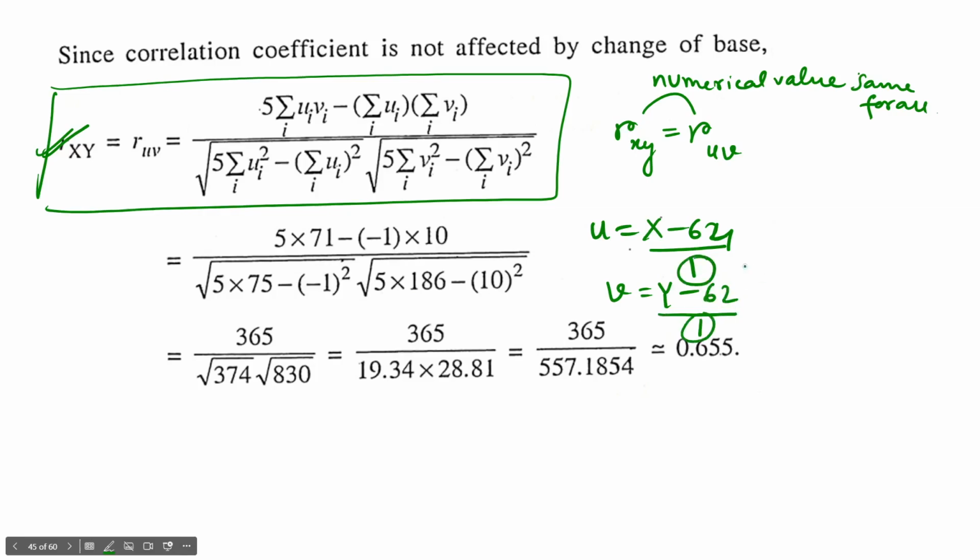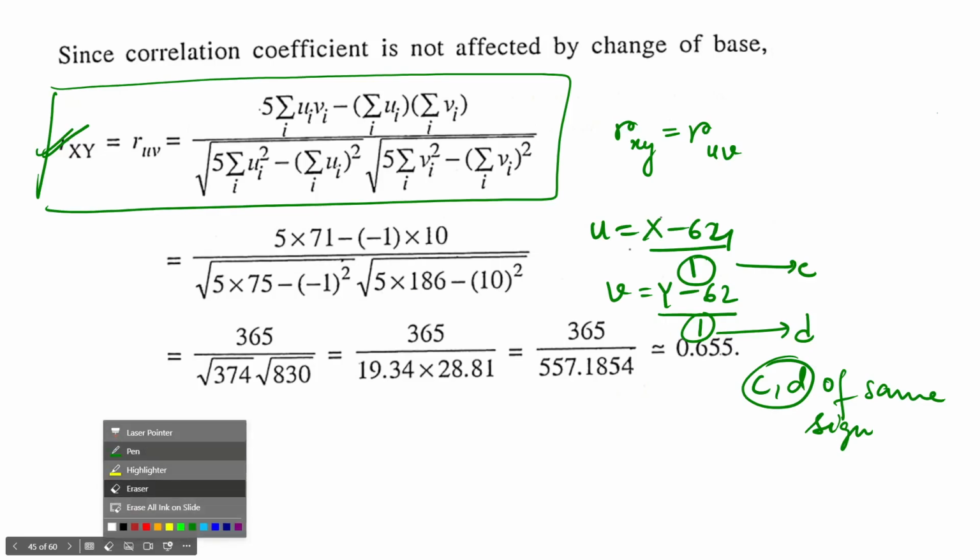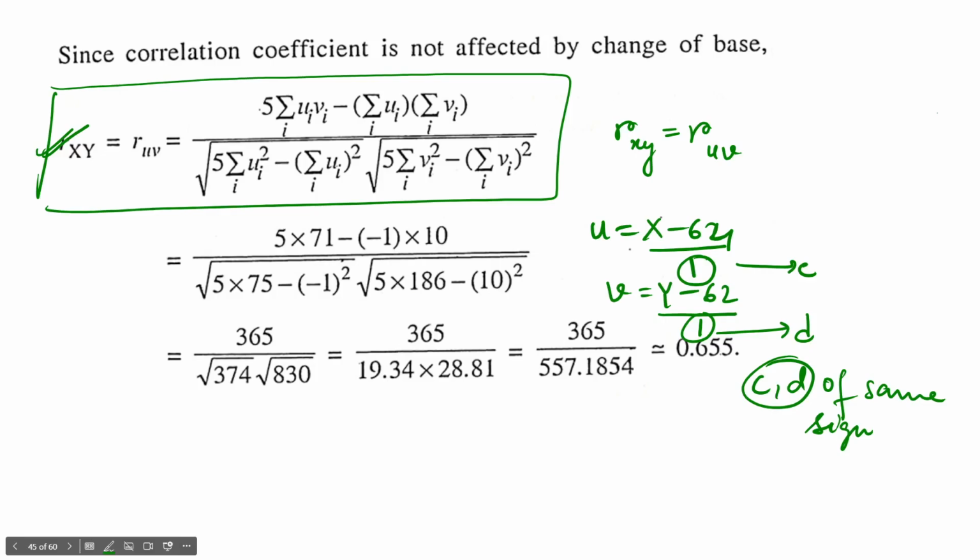So here this is c and this is d. It doesn't matter about the values of c and d. Only what matters is whether the signs of c and d are same or not. So here the signs are same because plus 1 and plus 1, both are positive. So here rxy equal to ruv, you can omit writing this numerical value also, from all aspects, with sign or without sign.